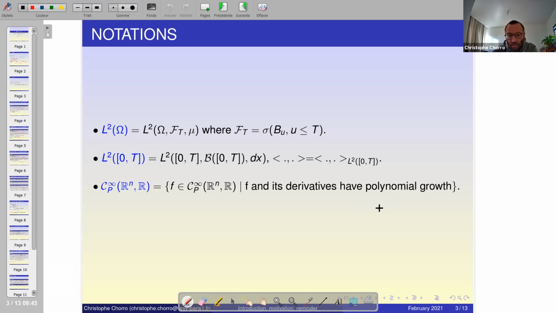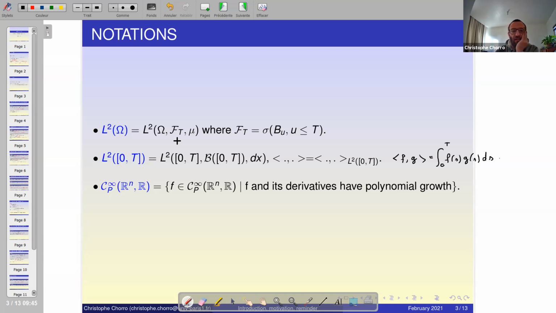I will also consider the space L2 of 0 to capital T, which is the L2 space associated with the triple 0 to capital T, the Borel sigma algebra related to 0 to capital T, and the Lebesgue measure on 0 to capital T. You have on this space a natural scalar product, that I will denote by this bracket, and I remind you that if I have two elements f and g in L2 of 0 to capital T, it is just the integral between 0 and capital T of f(s) g(s) ds.